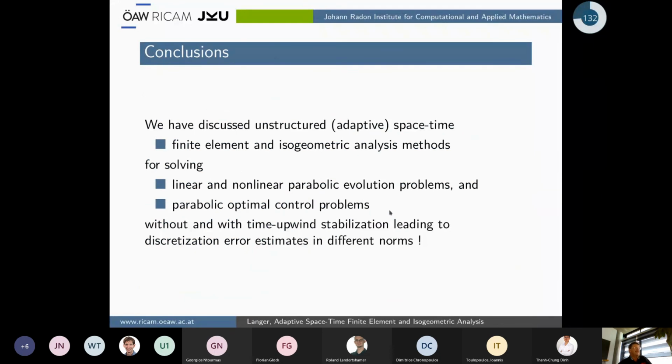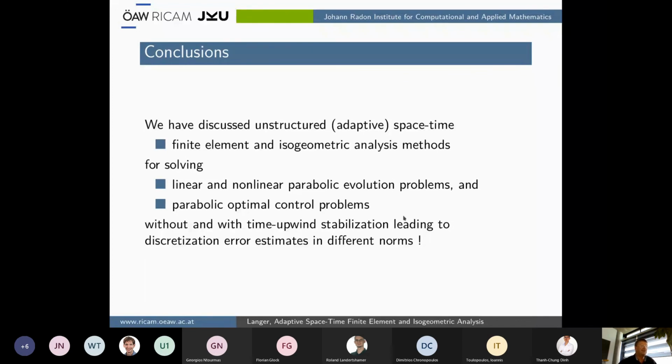Conclusion: we have discussed unstructured adaptive space-time methods, more isogeometric analysis than finite element analysis, for solving linear and, as you saw, nonlinear parabolic evolution problems as constraints for optimal control problems, without and with time upwind stabilization, leading to discretization error estimates in different norms.